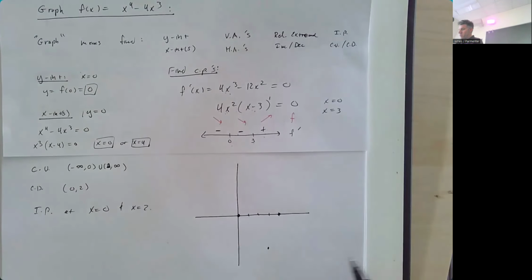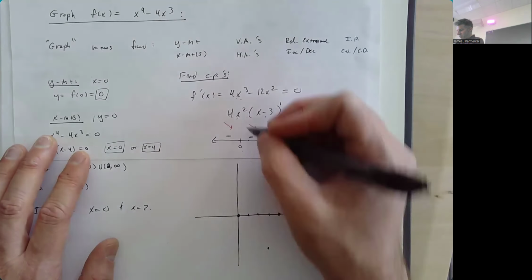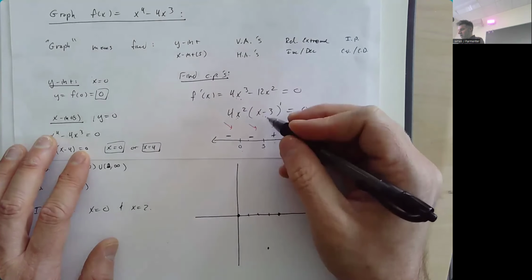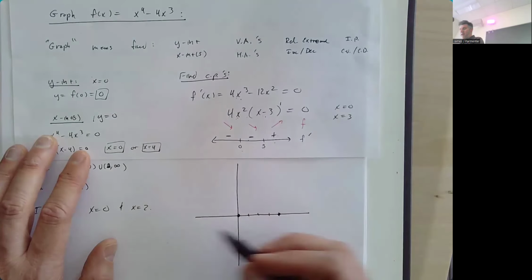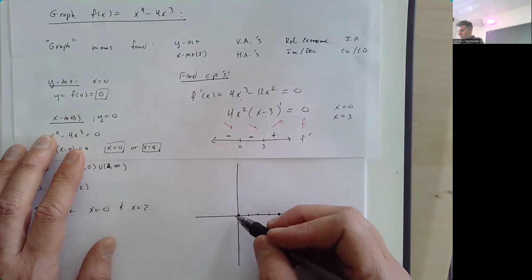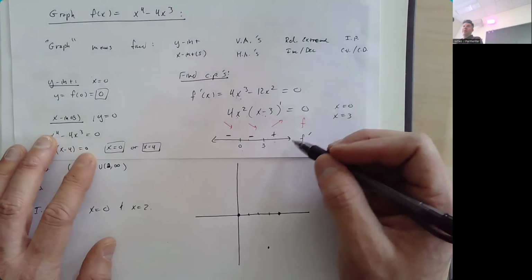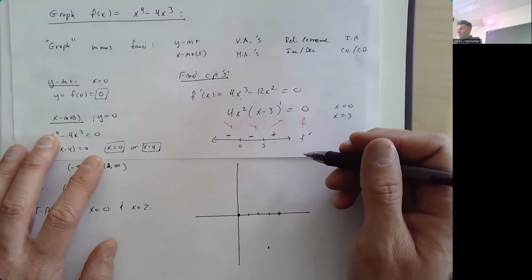I know that my function, so maybe I lined this up pretty well. Look at that. So here's 0, there's 3. And what's happening is from left to right, I'm decreasing until I get to 0. I'm decreasing again until I get to 3, then increasing after that. I know I also have an inflection point at 0, 0.